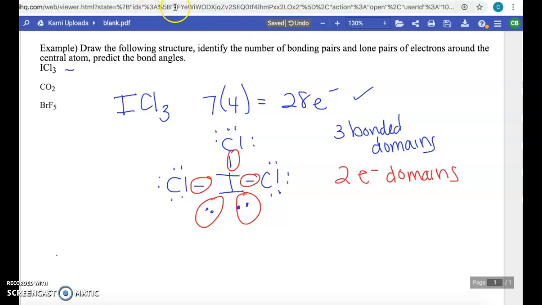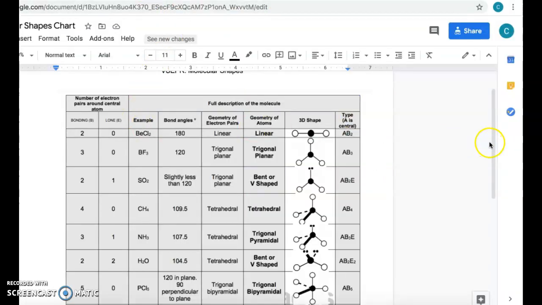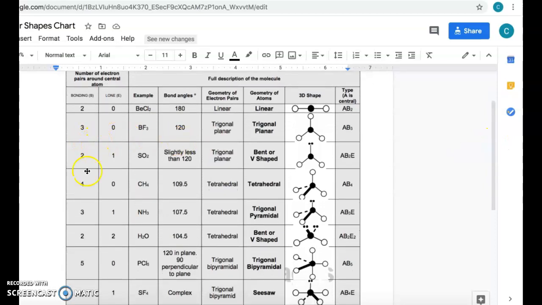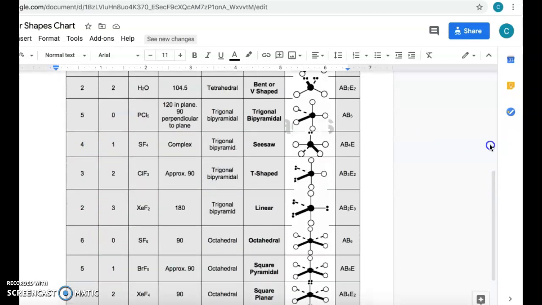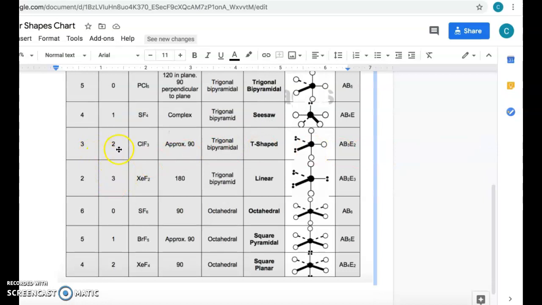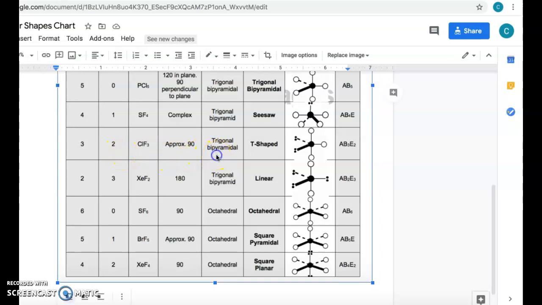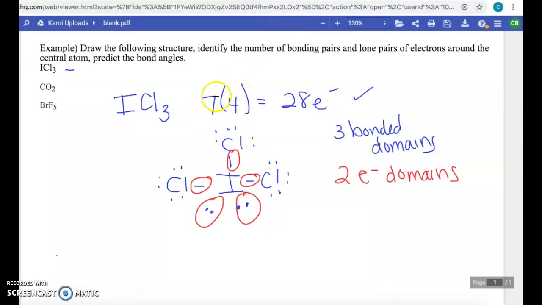So I'm going to go to my chart, and I see I have 3 bonded, 2 non-bonded. And my electron domain takes on the shape of what's called trigonal bipyramidal. And my actual molecular geometry for my molecule is a T-shape. And approximately there is a 90-degree angle between each of my pairs of electrons in my bonds.